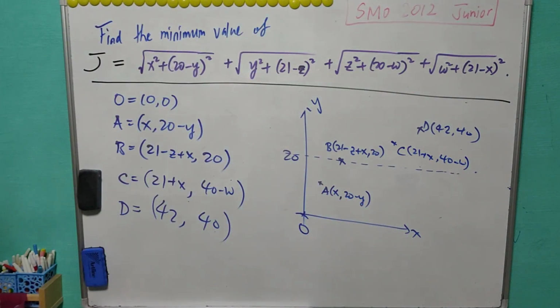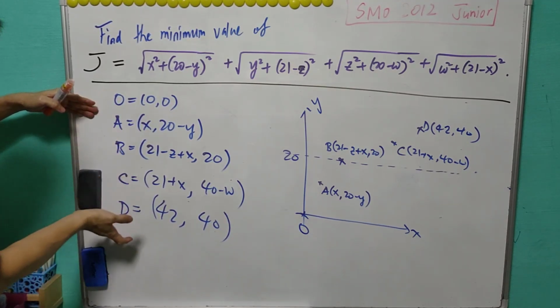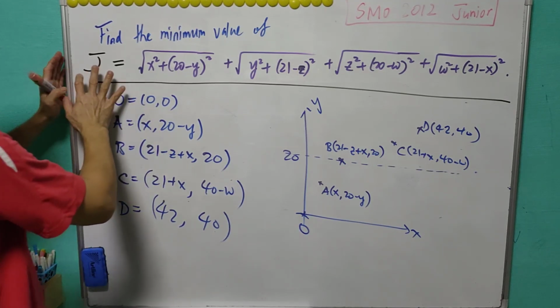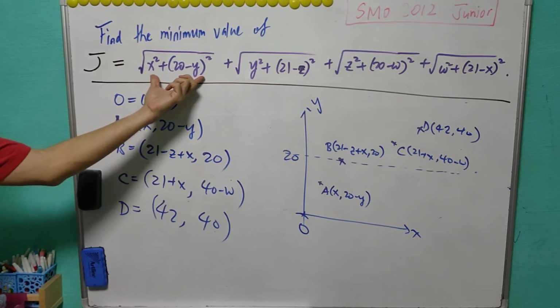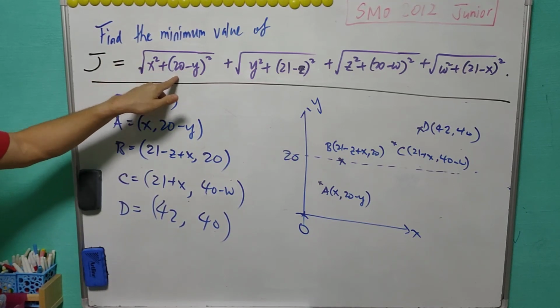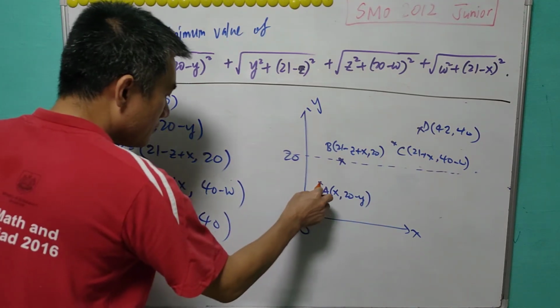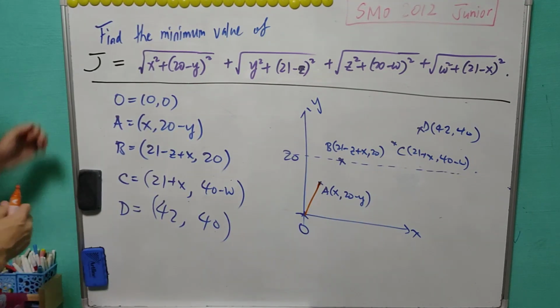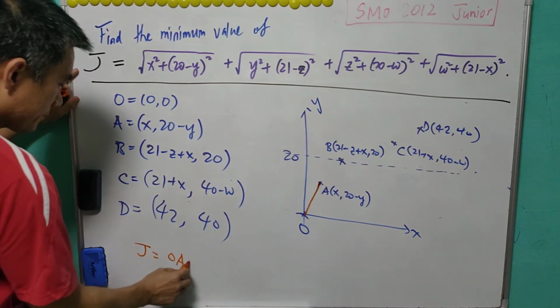Okay, so after we have all this, we try to understand what is the relation between these 5 points and J. For J, the first term is square root of x squared plus (20 minus y) squared. And this actually means the length of OA.